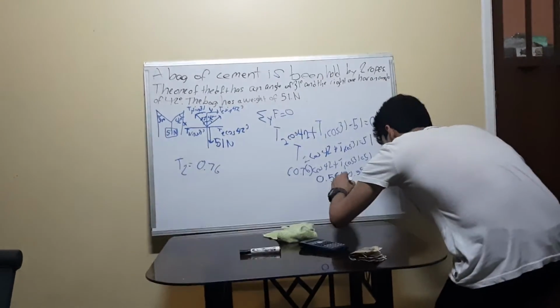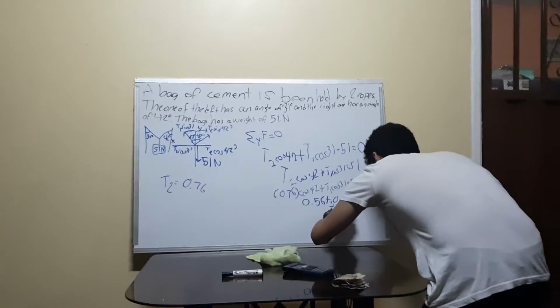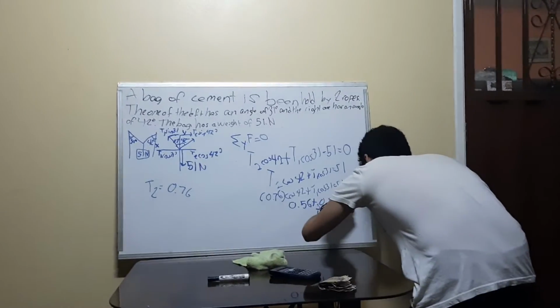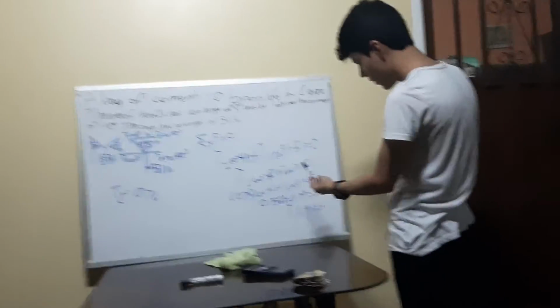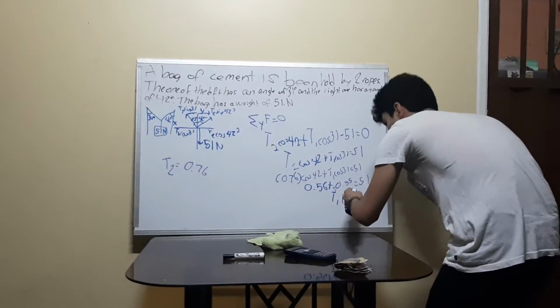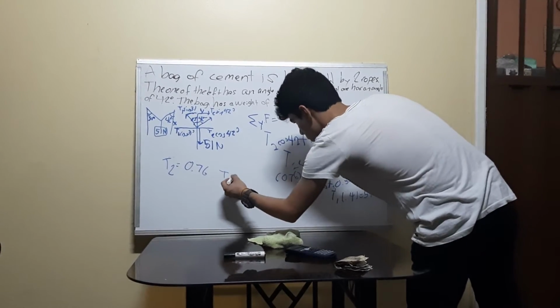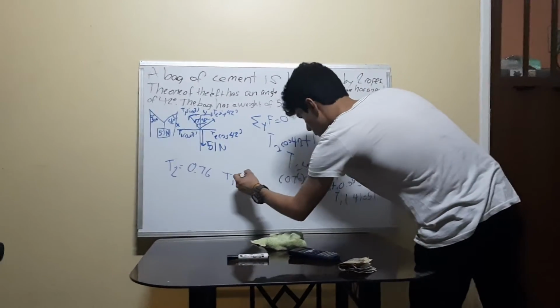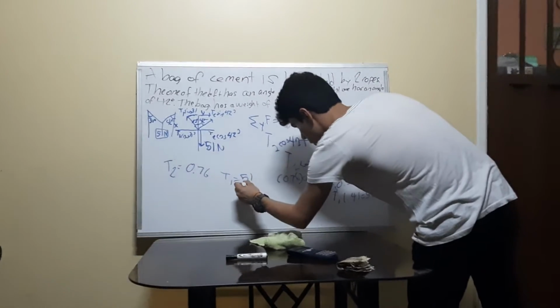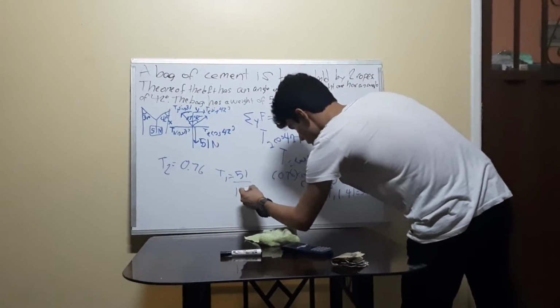So that will be T1 equals to 1.41 equal 51. So now what we have here is that this is multiplied, so to the other side it will be divided. So we're going to do it here. T1 equals 51 over 1.41.